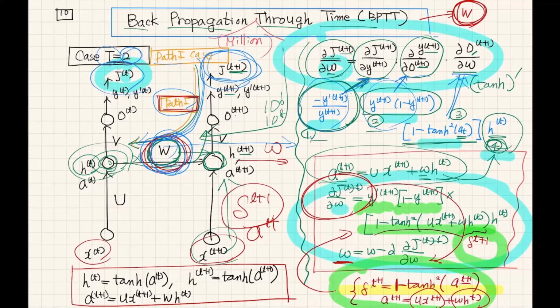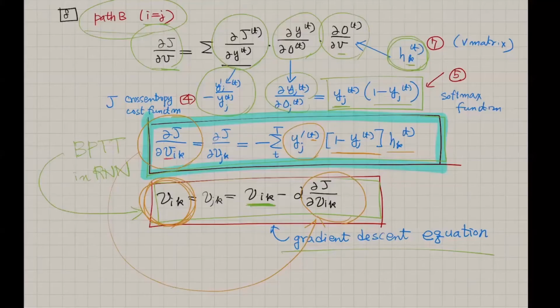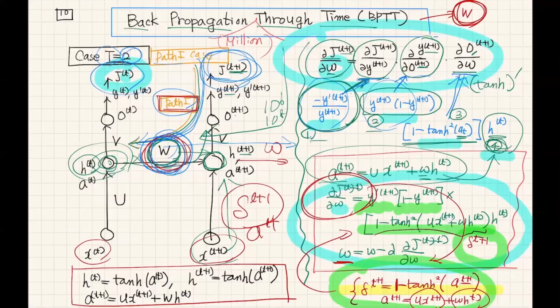The derivation of the backpropagation relationship with V is a little bit simple because we go from a cost function up to the hidden layer, but the derivation of the gradient descent equation for W is much more complicated. It has to go through all the time steps.